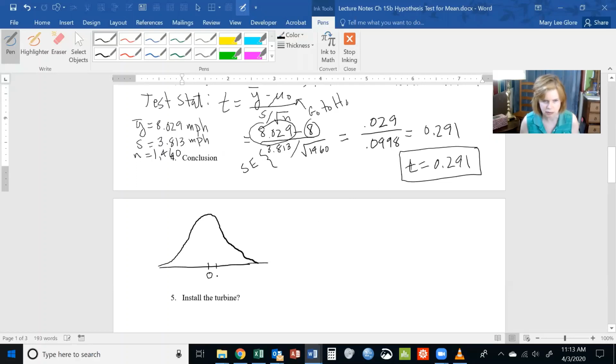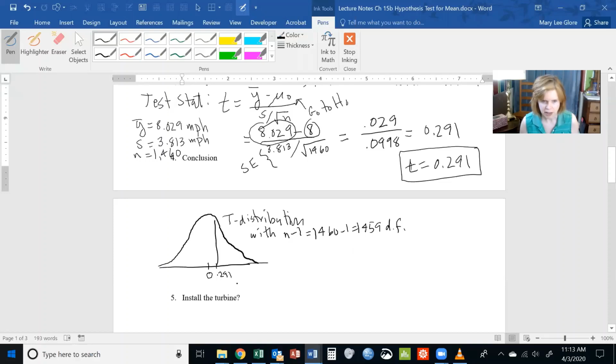Let's say it's right here. So here's 0.291, that's my t. This is a t distribution, and it has n minus 1 degrees of freedom. Here that's 1,460 minus 1, so 1,459 degrees of freedom. That's a lot of degrees of freedom.